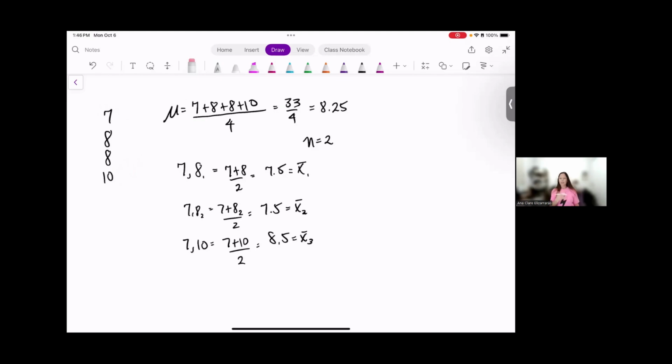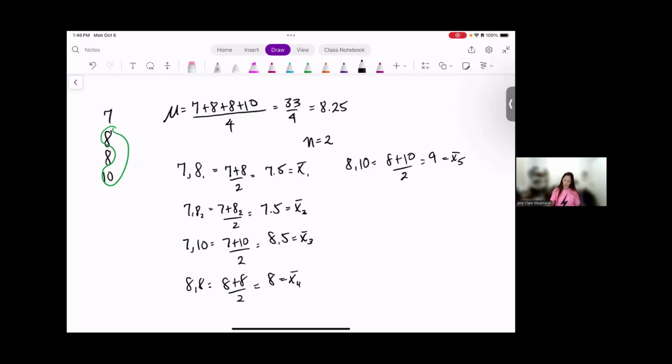How many different ways can I get a sample of size 2 that is unique from this group? Well, I've already done 7 and 8, 7 and 8, 7 and 10. What about 8 and 8? 8 plus 8 divided by 2 is 16 divided by 2 is 8. That's another average. What about 8 and 10? 8 plus 10 is 18, divided by 2 is 9.